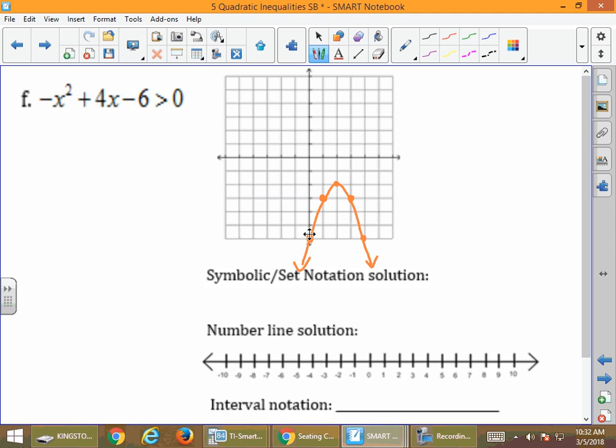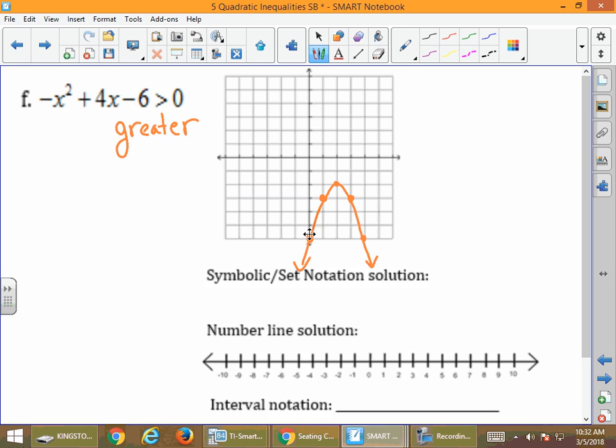But as we look back at our problem here, this time our symbol says greater than 0. Well, where is our graph greater than 0? And it never is. It's always below.